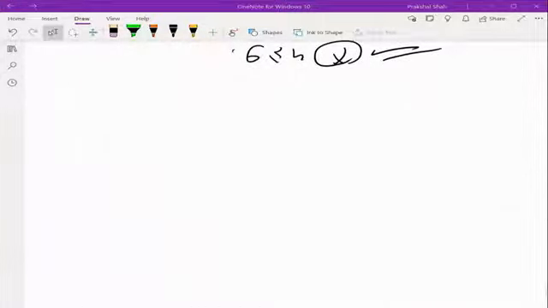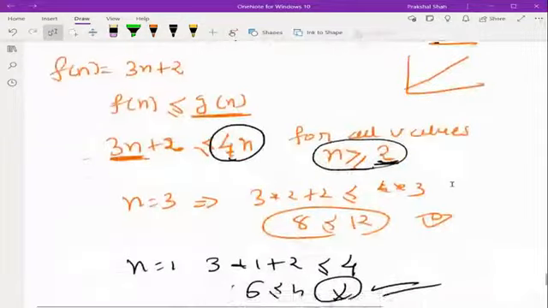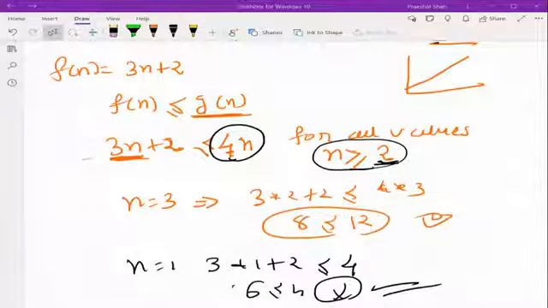First, let me tell you about this one more time. In every graph, for some values of n it takes fewer steps, as I already explained for n equals 1. For some values of n it takes more steps.